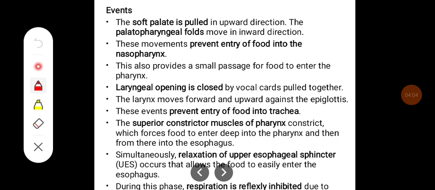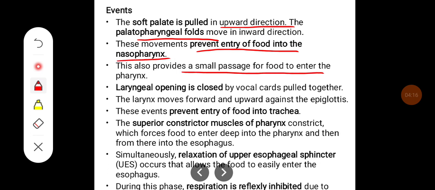The different events are: the soft palate is pulled in an upward direction, and the palatopharyngeal folds move inward. These movements prevent entry of food into the nasopharynx. This also provides a small passage for food to enter the pharynx. The laryngeal opening is closed by the vocal cords pulled together. The larynx moves upward against the epiglottis, and these events prevent entry of food into the trachea.